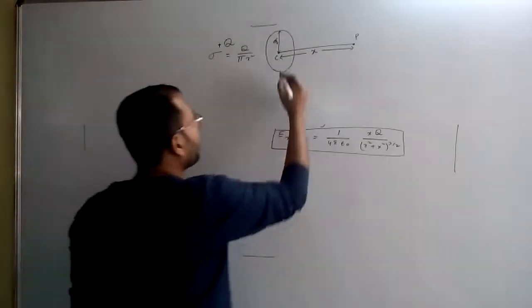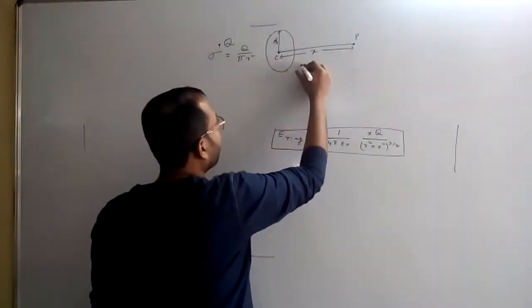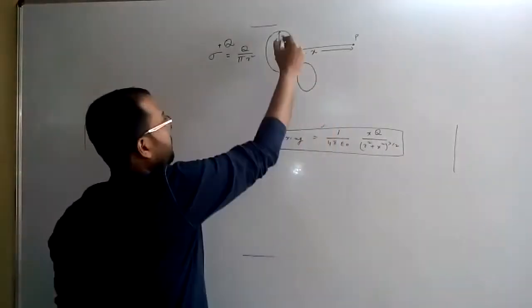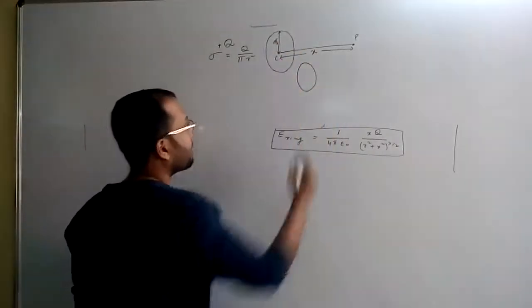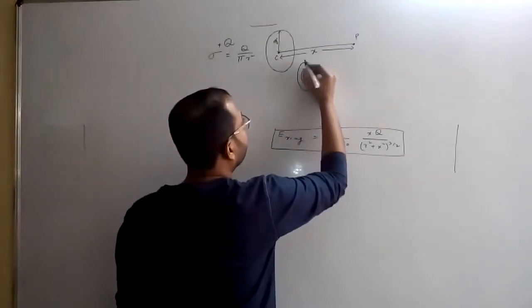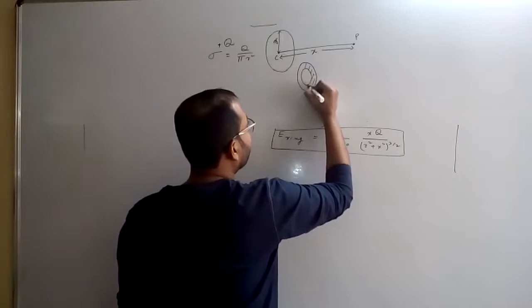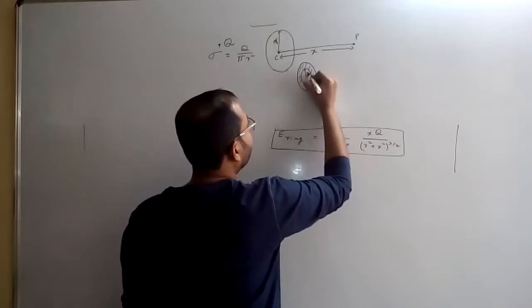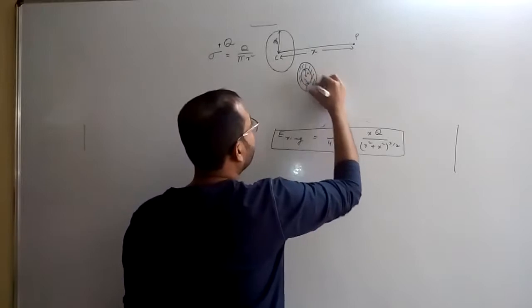So let us imagine one of those rings. I'll draw the ring over here so as not to mess up this diagram. Let's imagine that ring to have a radius A and a thickness dA.